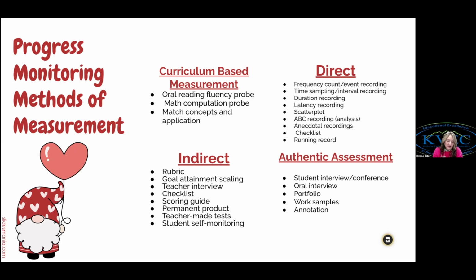When we think about oral reading fluency, we sometimes give kids an oral reading fluency. We just have to know that if we decide to use a CBM and a probe, and we write that in our goal, we have to keep using that over and over and over. We can look at direct measures. Sometimes we have to be able to directly see what students are doing.